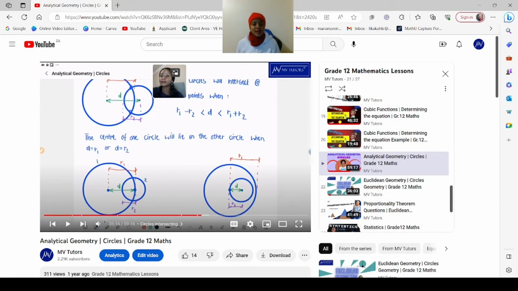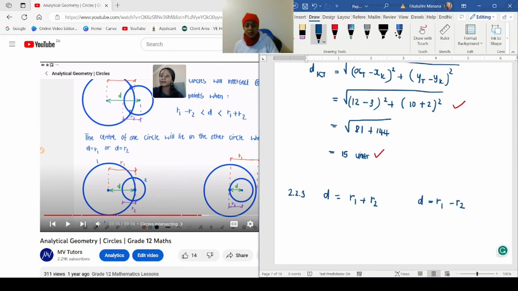Circles will intersect at 2 points when the distance between the centers lies between the difference and the sum of the radii. So this is at 1 point. Now at 2 points, we need to get the difference between the two radii, and then you have the distance between the centers.